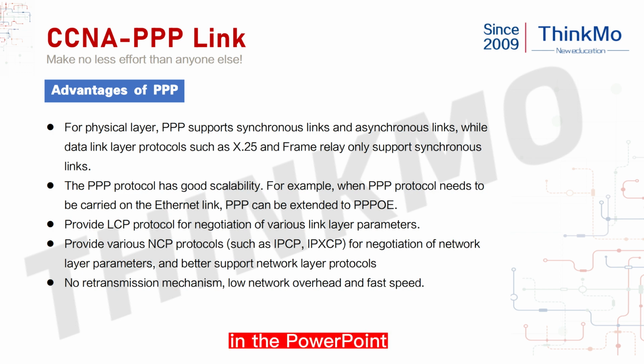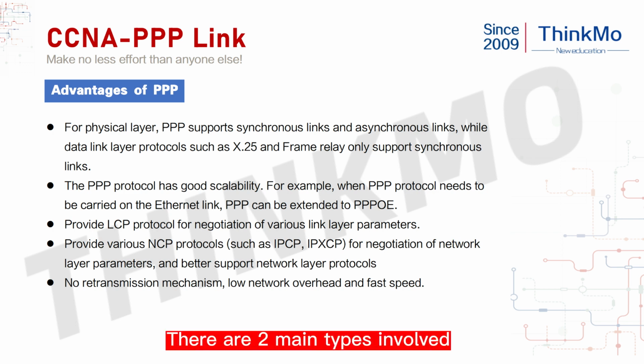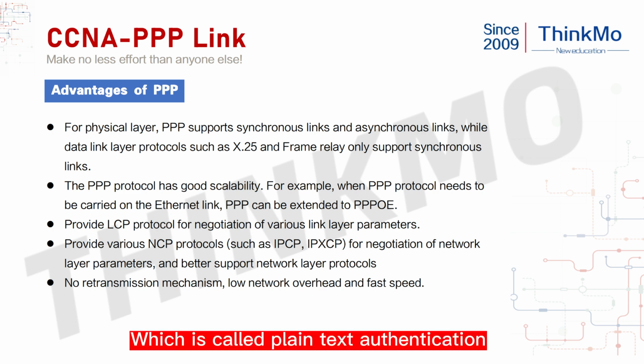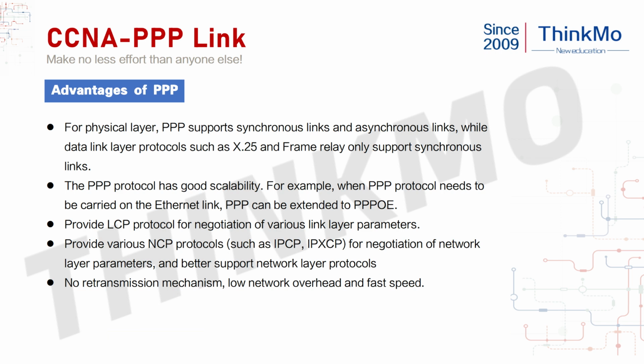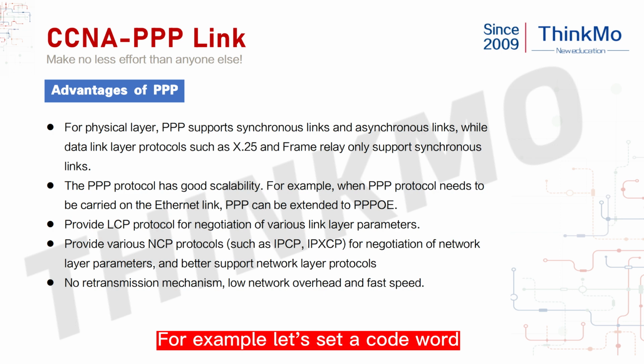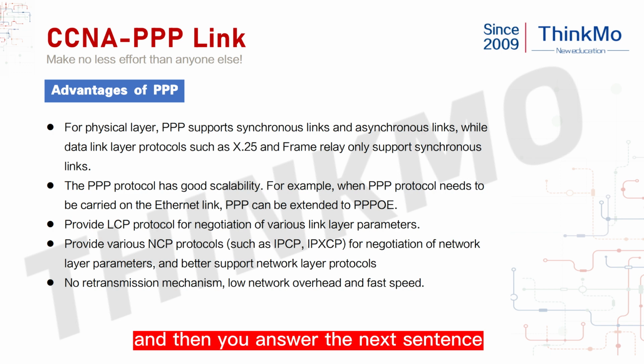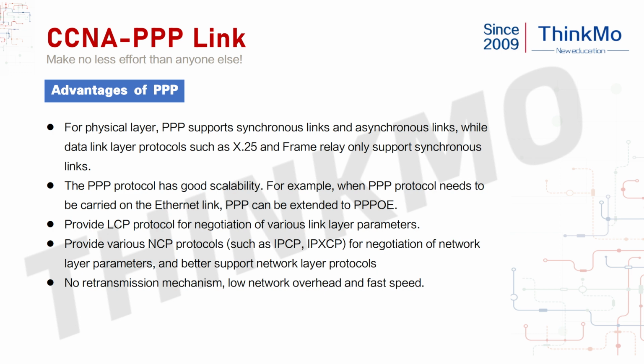There are two main types involved. One is PAP, which is plain text authentication. CHAP is ciphertext authentication. For example, let's set a code word and then you answer with the next sentence; this is equivalent to plain text. Ciphertext is like the telegraph of the early war years.